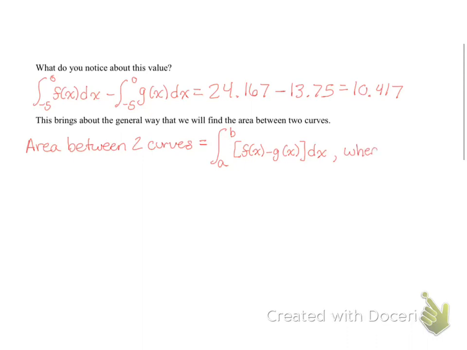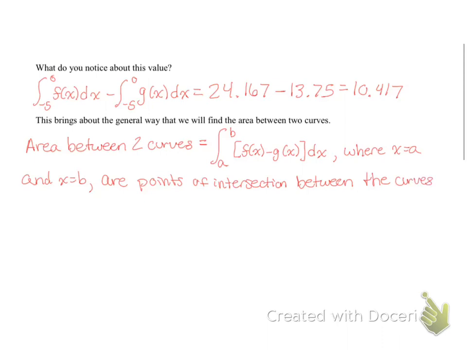So where x equals a and x equals b, those are the points of intersection between the curves, okay, and where f of x is bigger than g of x.